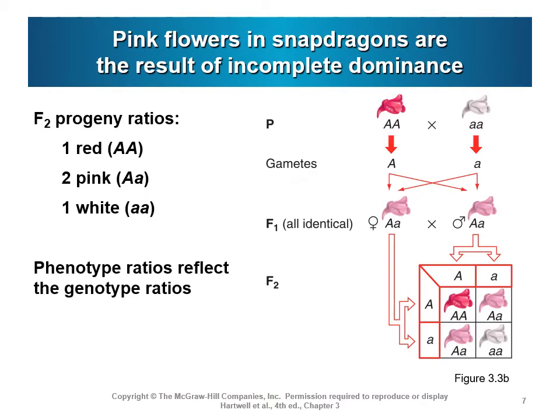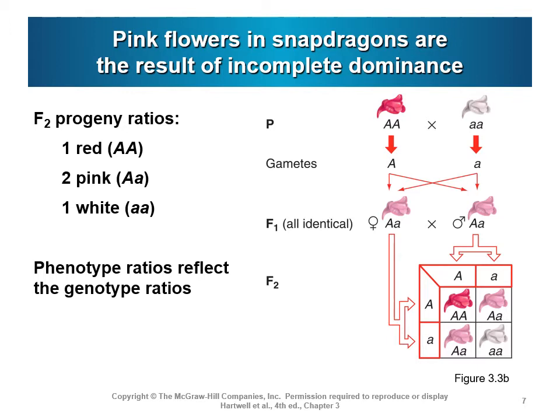Now, let's examine incomplete dominance in a little more detail by looking at the allele distribution of snapdragon flower color. In the snapdragon, a heterozygous plant will not resemble either of its parental flower colors. This is because neither allele exhibits complete dominance over the other.